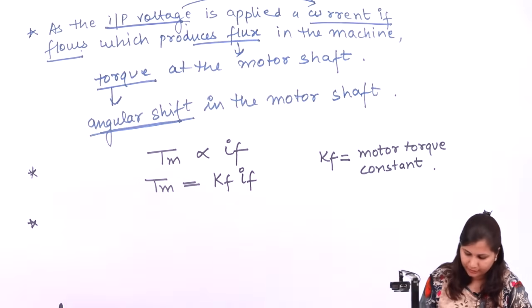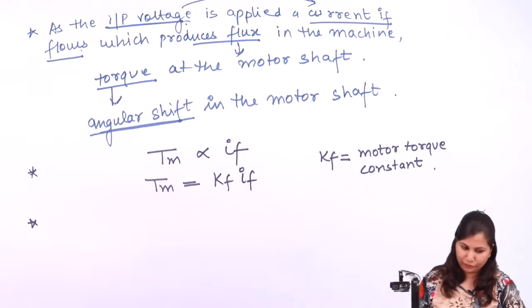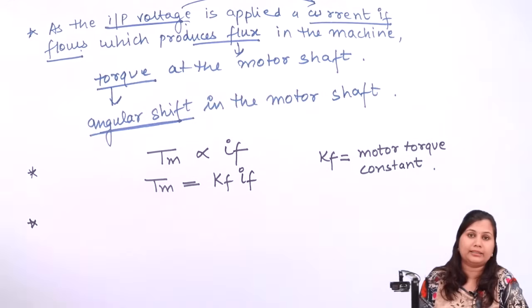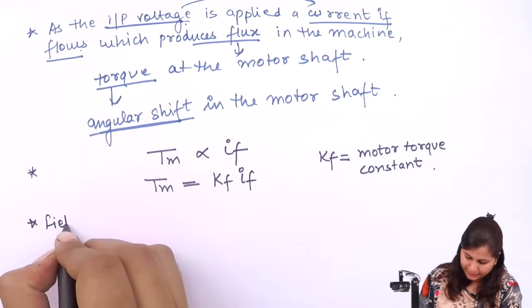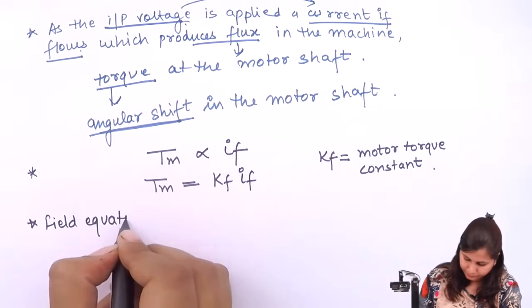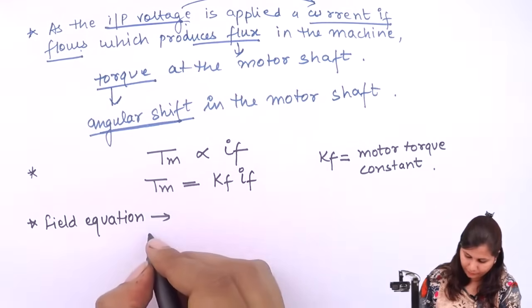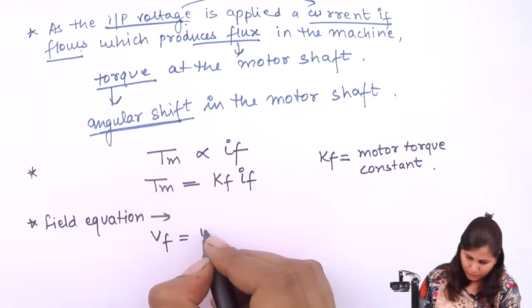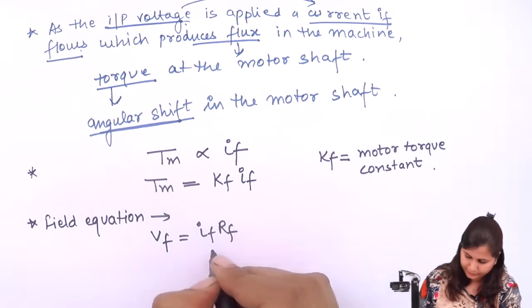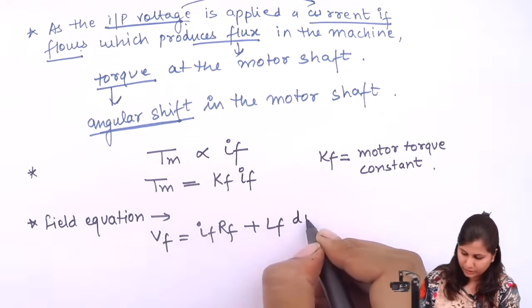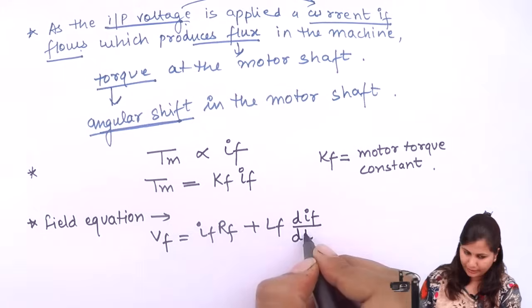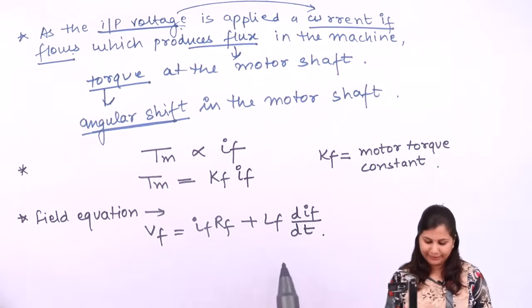Now if we apply KCL and KVL in the field circuit, we get the field equation as VF equals RF IF, that is the voltage drop across the resistance, plus LF dIF by dt, the voltage drop across the inductance. So this is the field equation.